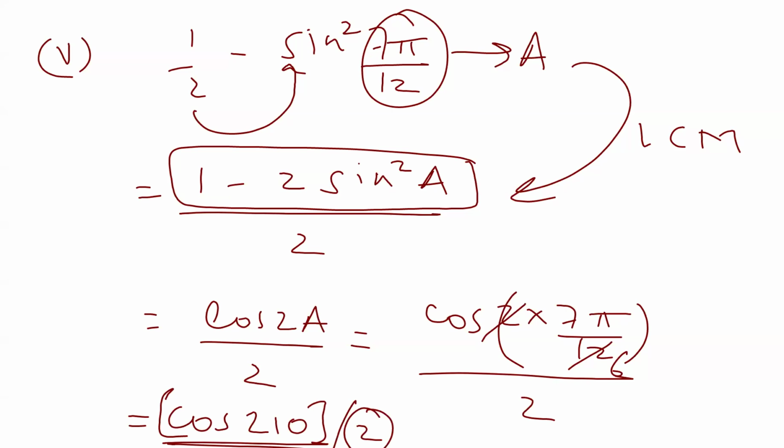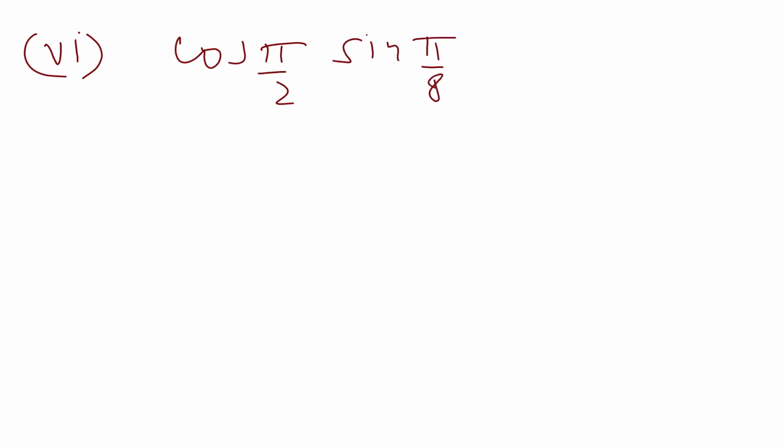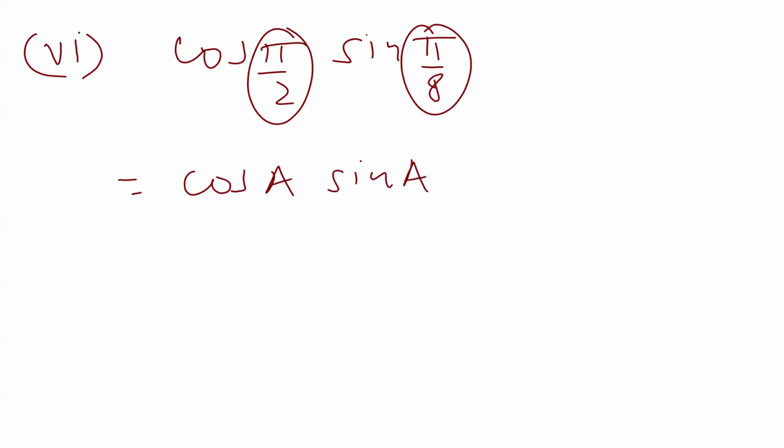Next problem is question number 6. So this is cos pi by 8 into sin pi by 8. Now, if you take a look at this particular problem, first of all, I'll assume this to be A. So this is cos A into sin A, which can be written as sin A into cos A. Mathematically, it is quite valid.